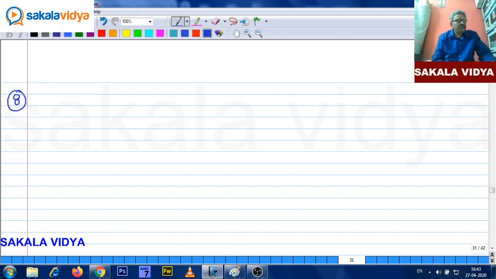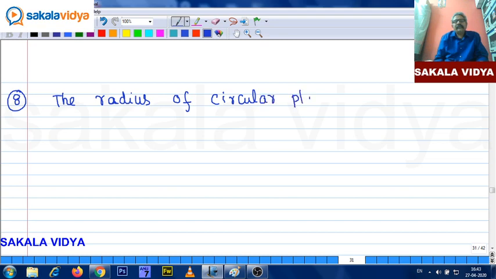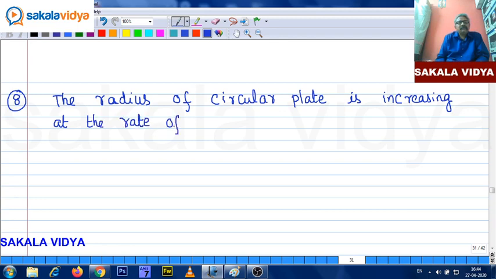Now, 8th problem. The radius of a circular plate, that means a plate which is in the shape of a circle, is increasing at the rate of 0.01 centimeter per second.